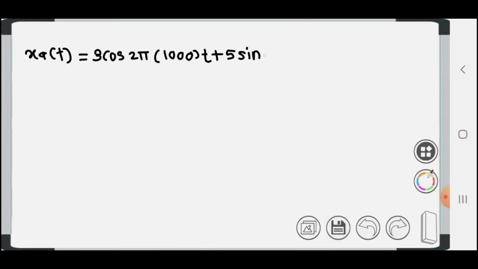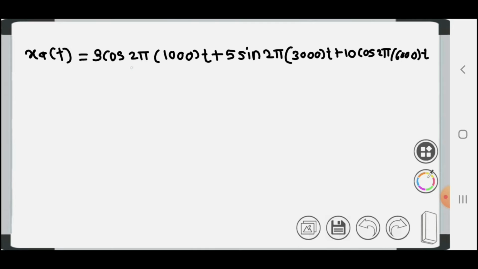Then 5 sin 2 pi 3000 t plus 10 cos 2 pi 6000 t. Okay, so in the numerical it was given 3 cos 2000 pi t plus 5 sin 6000 pi t plus 10 cos 12,000 pi t.